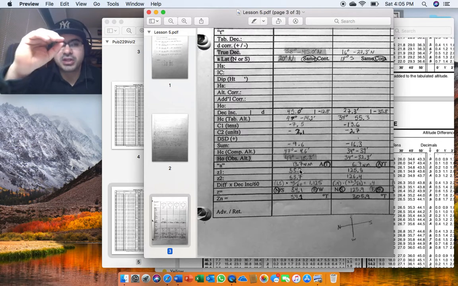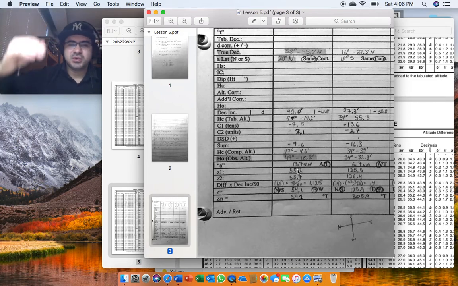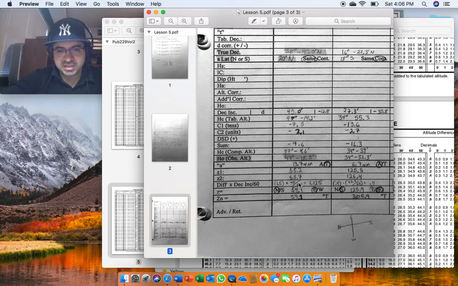So the correction has to be in between it. You cannot have 55.2 plus 1.13, right? Because that's 56. That's out of the range. From Z1 to Z2, it's 55, 54, 53, right? Don't go the other way. Don't do that. So the correction has to be in between, right?